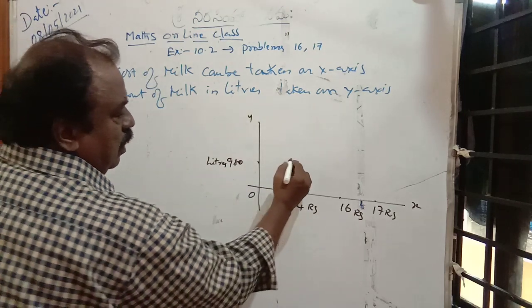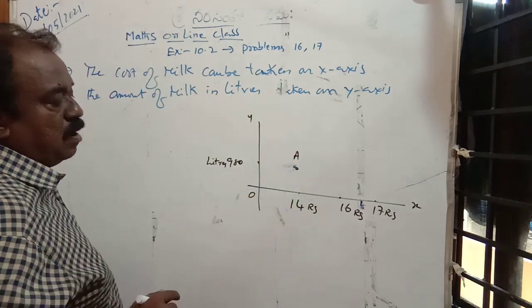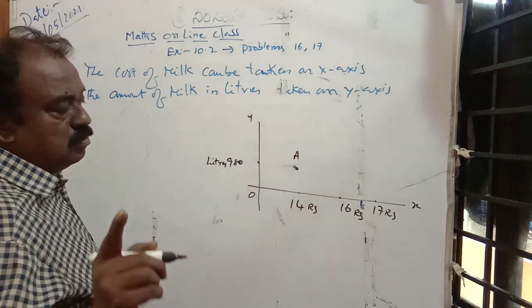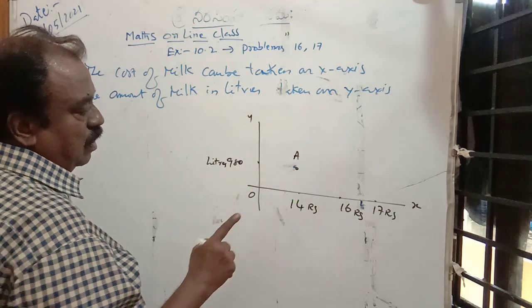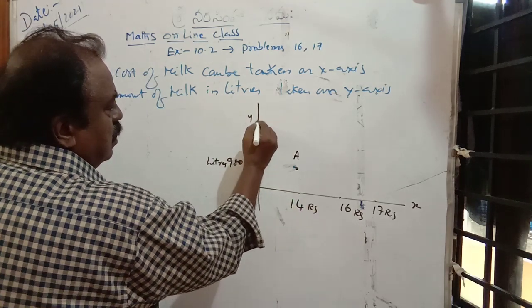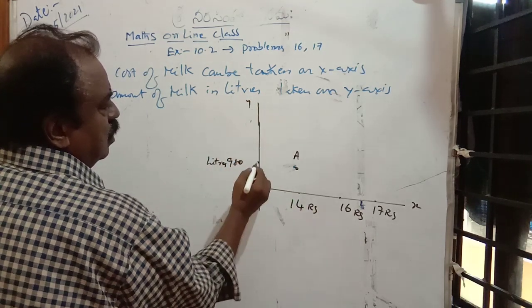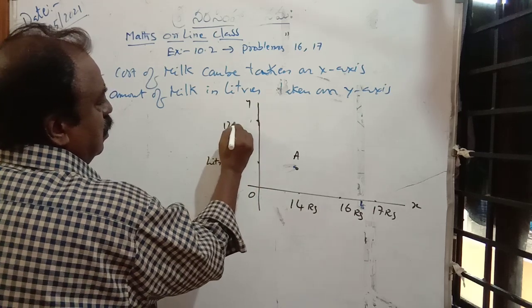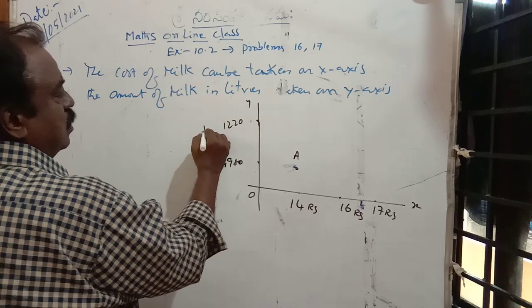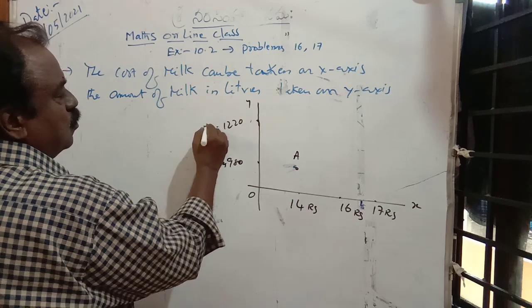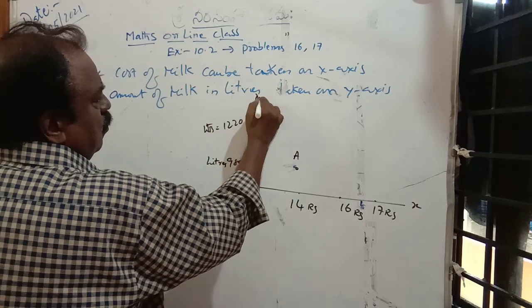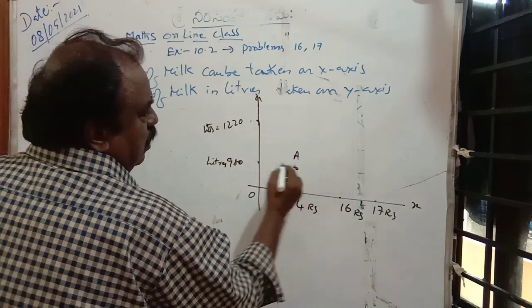Like the previous problem, if the cost of 1 liter of milk is 16 rupees, then you can sell 1,220 liters.